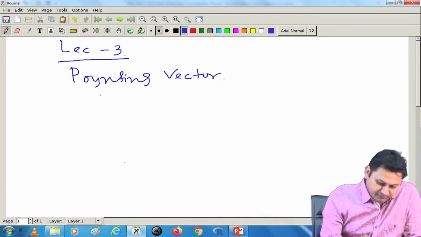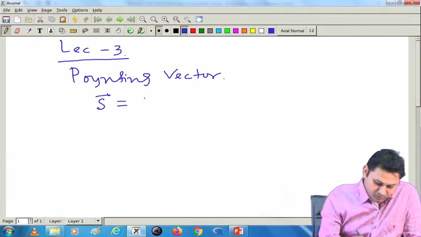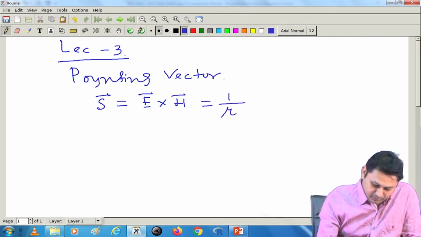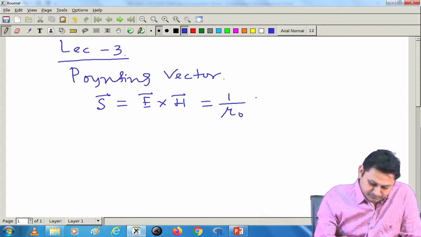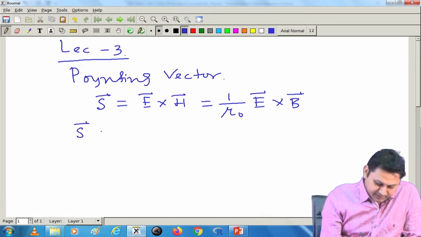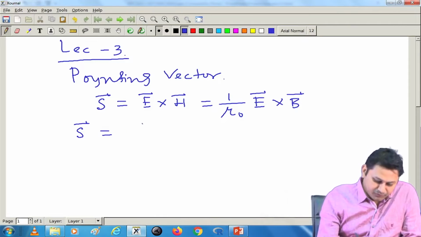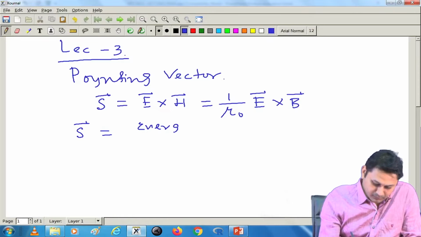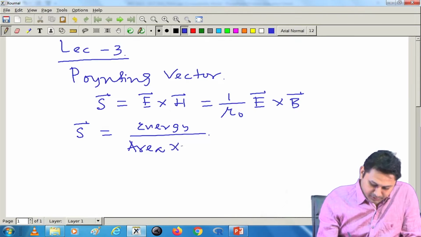By definition, the Poynting vector is defined in this way: S is equal to E cross H, or 1 by mu naught, if I deal with free medium, E cross B, vector B. So, S, our Poynting vector, is the energy flow per unit area per unit time.